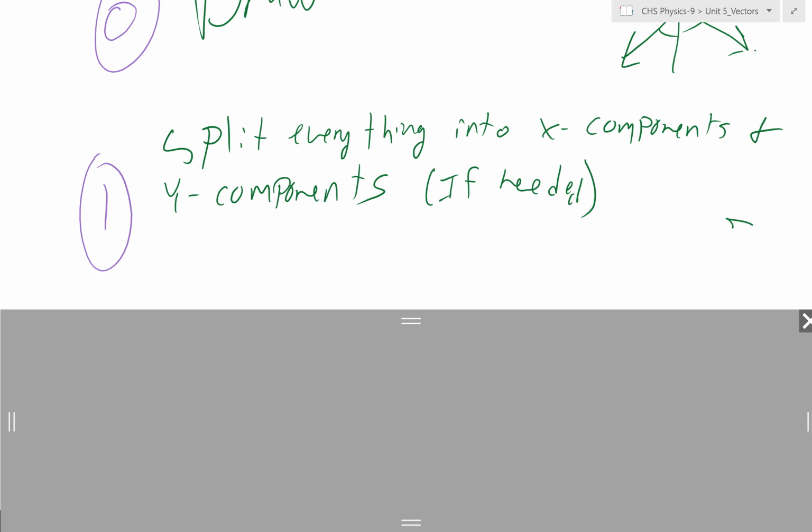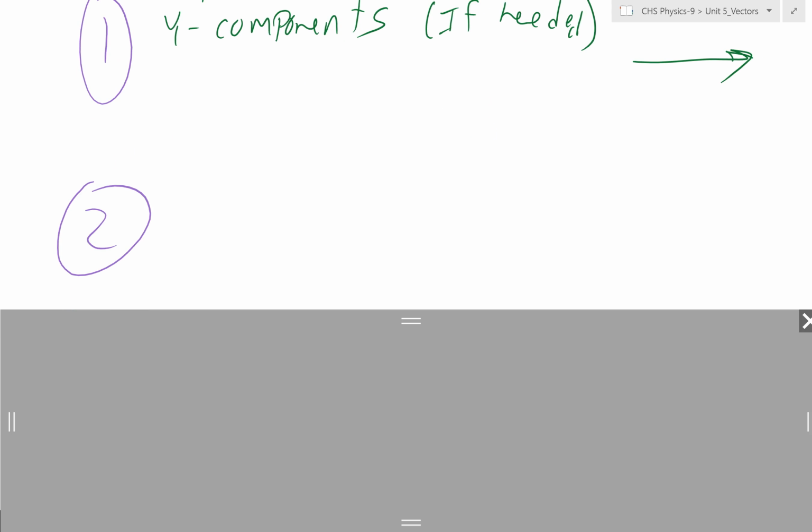If you have something that's just straight east or straight to the right, you obviously don't need to break that into a y component because it only has an x component. Step 2, you're going to add all of the x components separately from the y components.